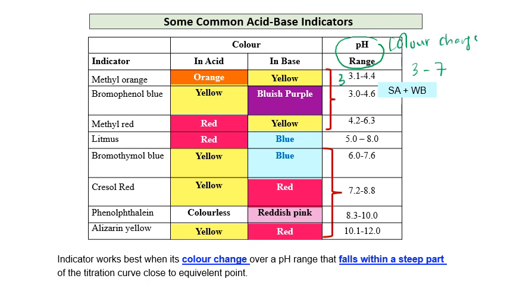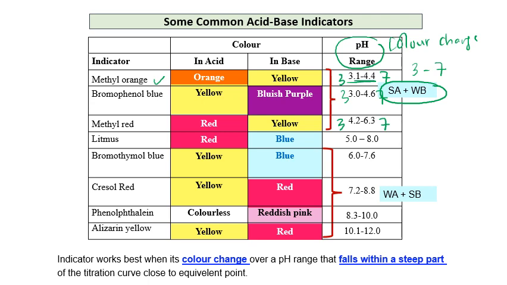If the color change pH range is in between 3 to 7, then it will be accepted as the indicator. So besides methyl orange, bromophenol blue is also accepted. Methyl red can also be used to determine the equivalence point or end point for a strong acid and weak base.